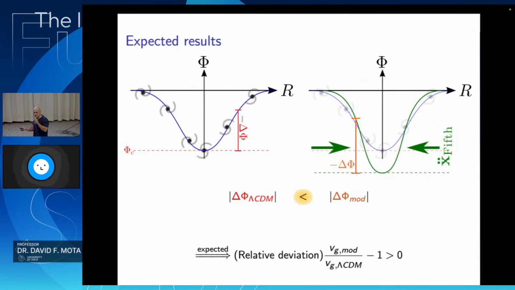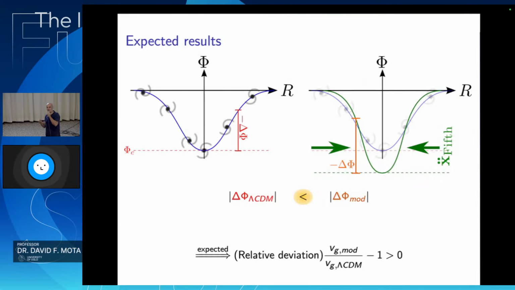Now we have here a modified theory of gravity. What we expect is that due to the fifth force, there is more clustering of matter. So if this is the potential well for general relativity, then in a modified theory of gravity, due to the fifth force, this potential well will be deeper than the GR one.